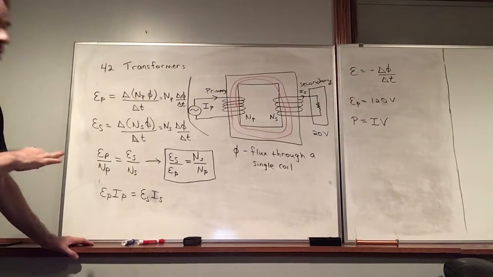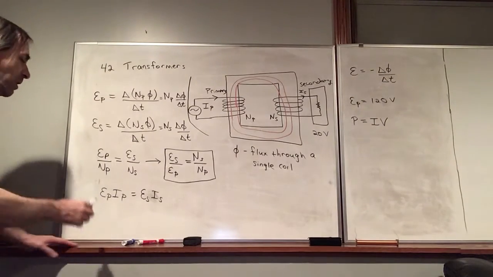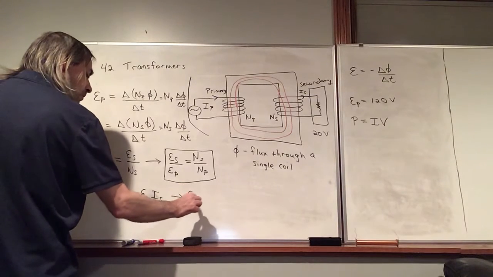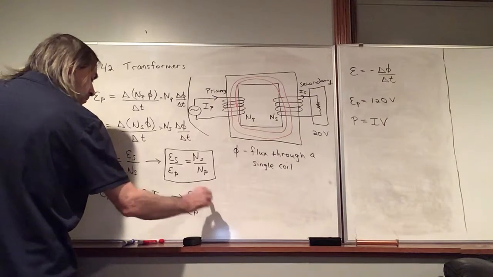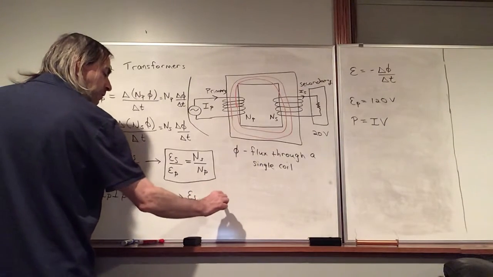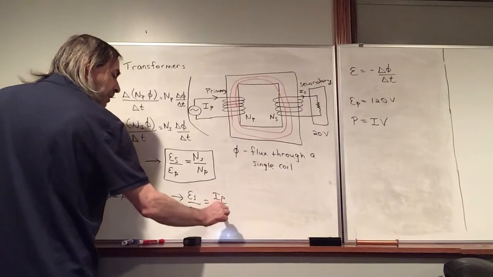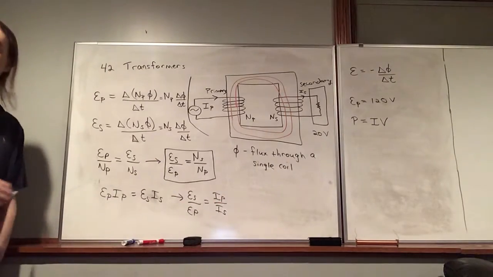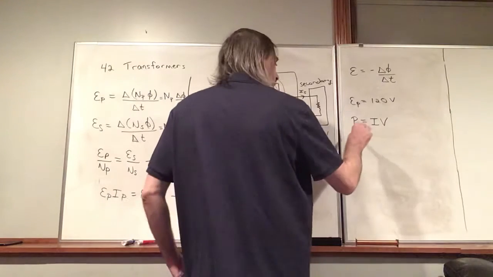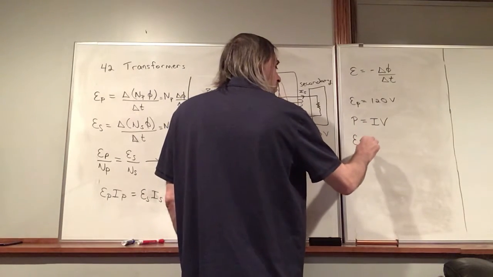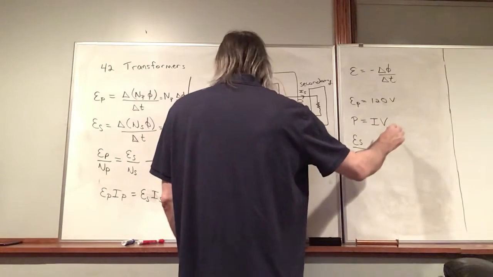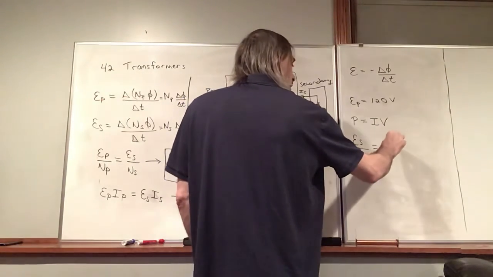So again, we're just assuming perfect efficiency here, and we can write that as IP over IS, the current in the primary over the current in the secondary. And so we can combine all of this into one big equation.